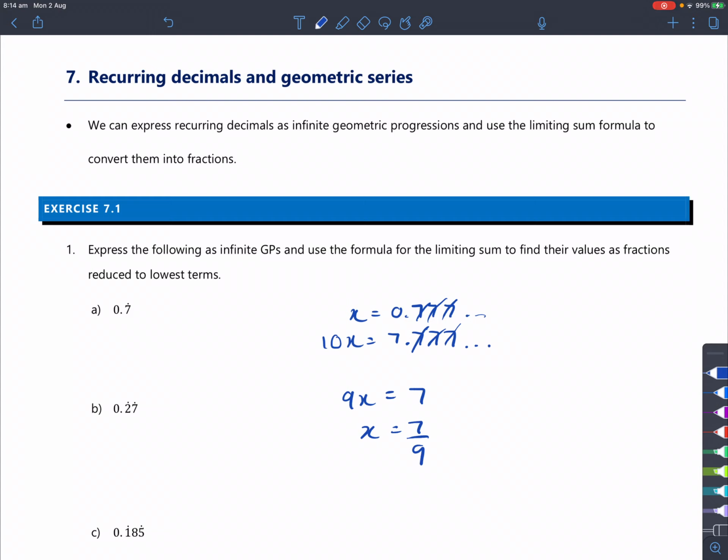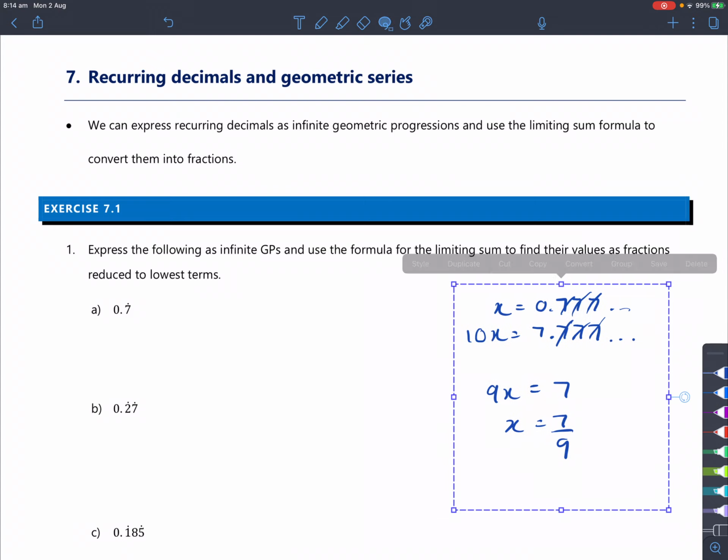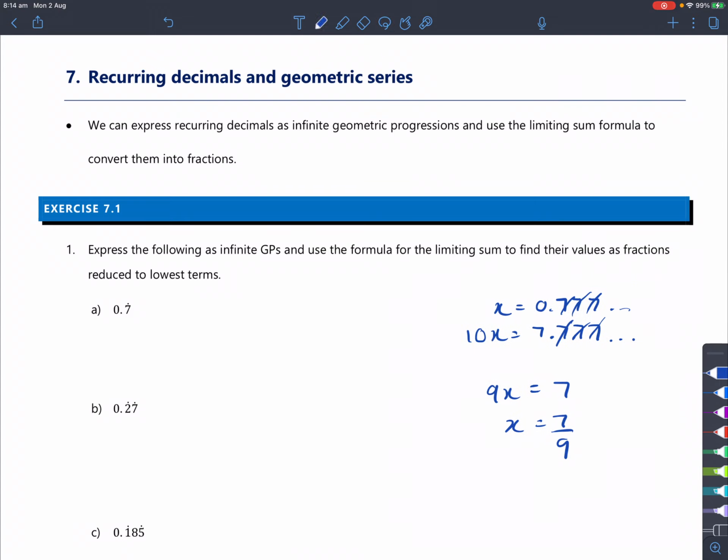But now what we've got to do is scrap that, and we have to actually do this using GPs. So, you know that this is going to be 0.7 recurring, so let me just write a few 7s like that. But I can separate each 7 there that's appearing in different place values by doing this. I can plus 0.7 plus 0.07 plus 0.007 and so forth.